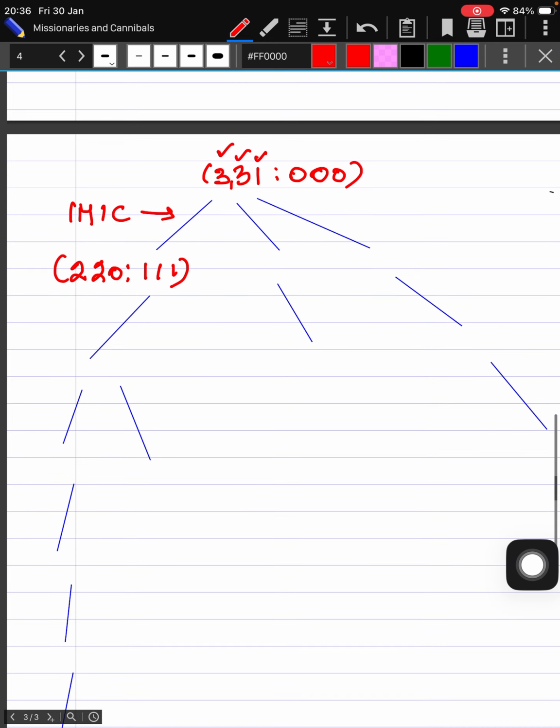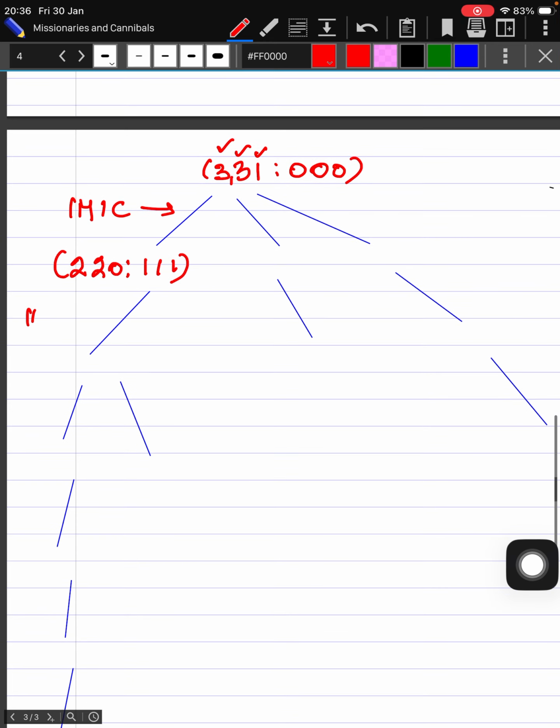We'll take the next condition. 1 missionary and 0 cannibal crosses from right to left. Okay, now I want you to think for a minute here. In the previous state, I am saying that one missionary and one cannibal has crossed from left to right.